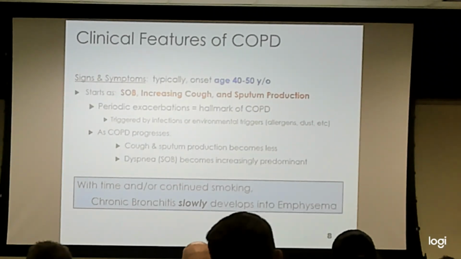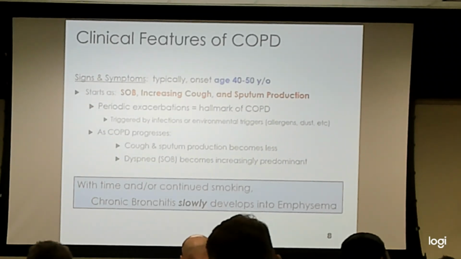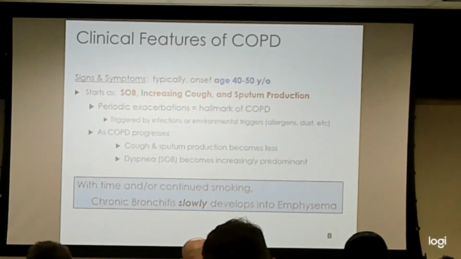And then later on, when someone's in a later stage, closer to hitting the bottom of that disability and maybe drifting into that mortality section, it actually becomes less, because the lungs just really get pooped out. They can't cough as much. Their lungs basically get tired. They're mucked up with mucus.